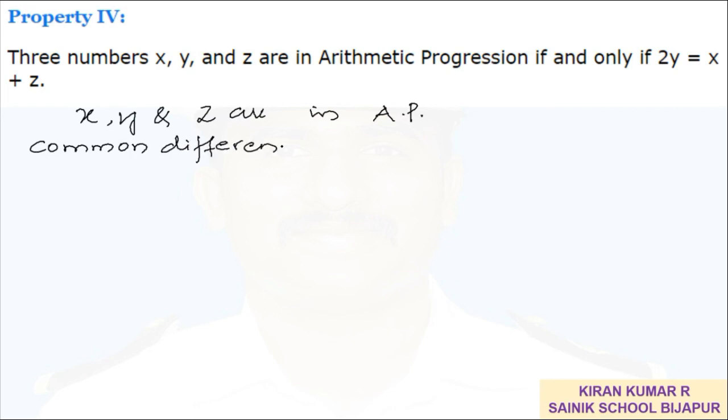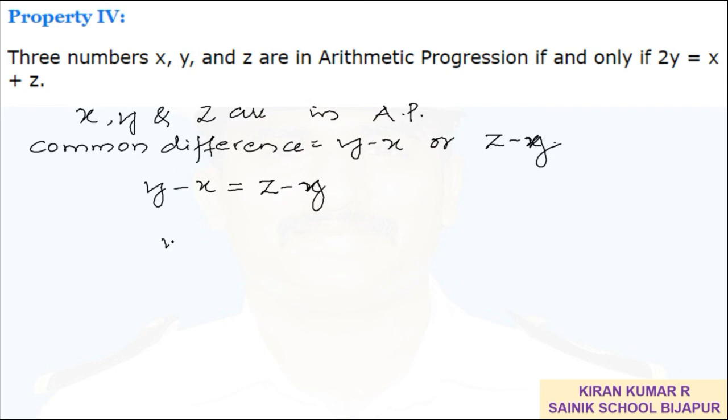The common difference will be either y minus x or z minus y. Since the common difference is the same, I can equate that. If you transpose y to the other side, it becomes y plus y is equal to z plus x. So 2y will become equal to z plus x.